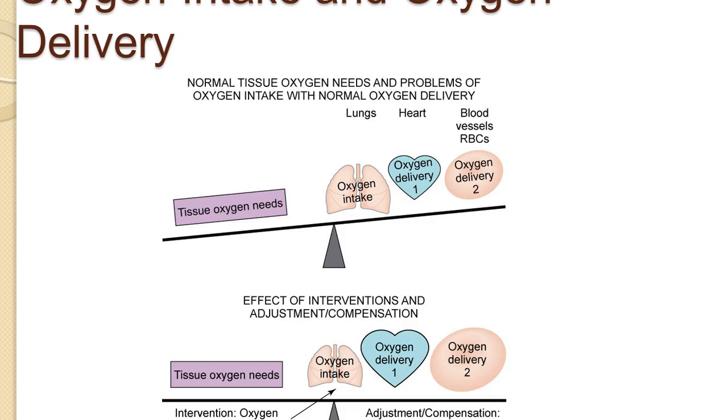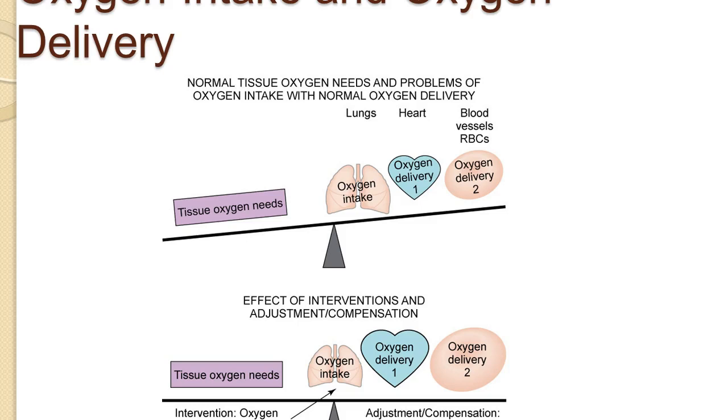Do we have that balance, or do we see quite an imbalance where we're tipping the scales? And when we provide some type of oxygen therapy, it really does help the heart, because providing that oxygen may help reduce the workload of the heart.